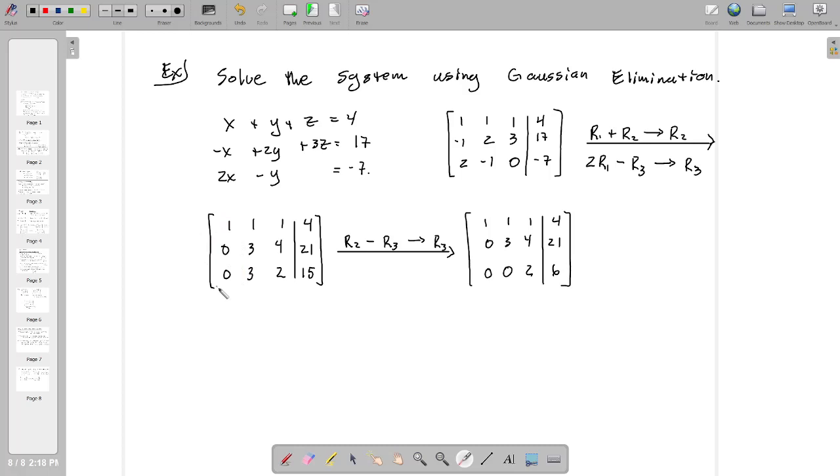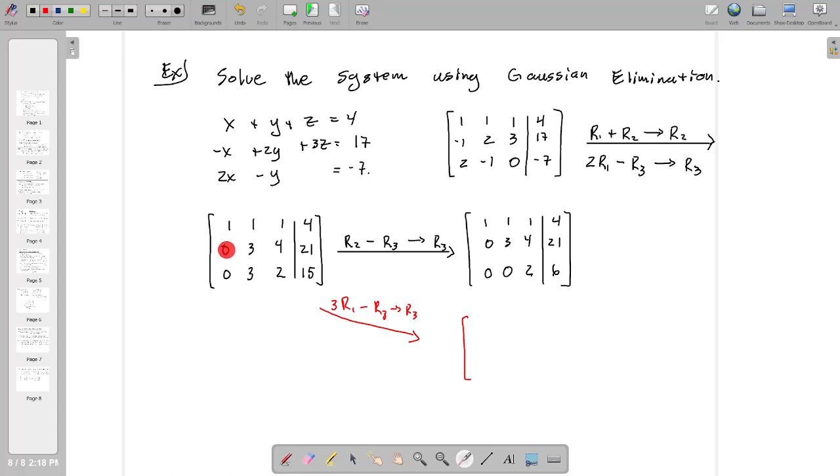So if I, for instance, did 3 times row 1 minus row 3, and replaced row 3, notice that we're going to get an element other than 0 here in this bottom left corner. And we don't want that. We want to have a 0 here.